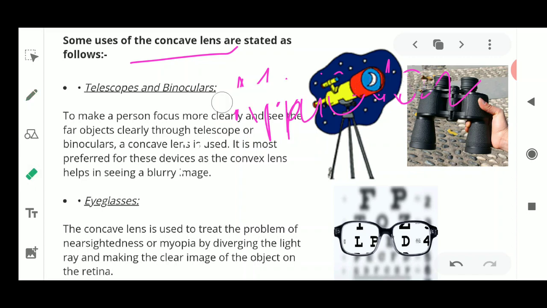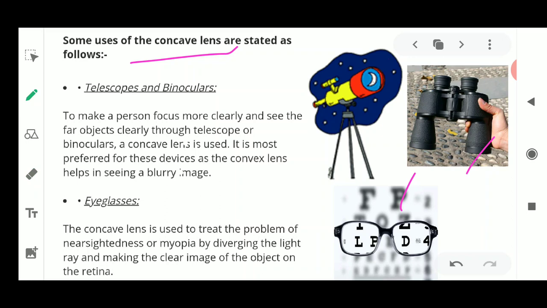As you can see, I have placed 3 pictures: the first is a telescope, the second is binoculars, and the third is spectacles, or eyeglasses, which you use for seeing things. These are the 3 places where you can use concave lenses to obtain the various desired images, whatever we want to see.